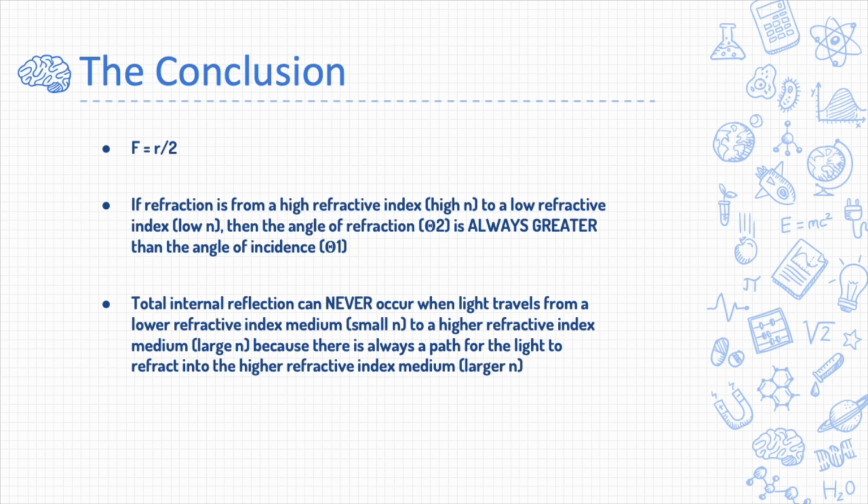This is true because there is always a path for the light to refract into the higher refractive index medium. In other words, if you were underwater looking up, you could create a situation where all of the light reflects off the surface of the water, but if you were above, you could not create that situation because you're going from a refractive index of lower N to higher N.